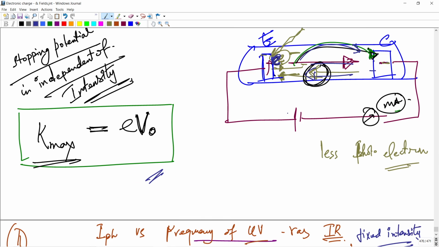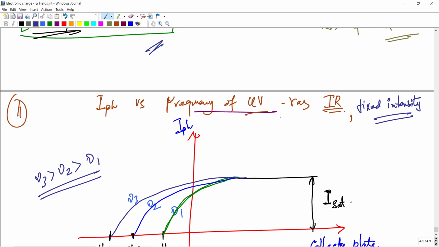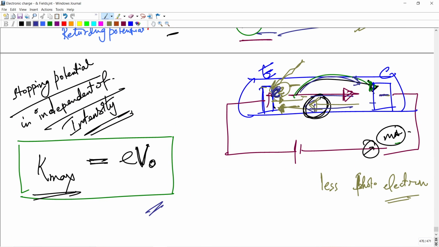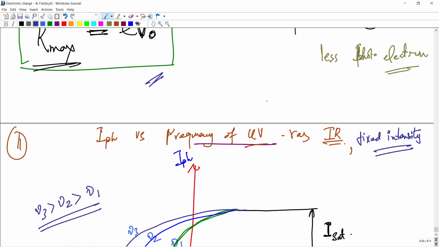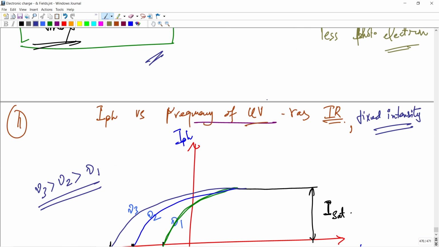More frequency means the photoelectron accepts more energy, and if a photoelectron gets more energy, you need a higher stopping potential to stop it from reaching the collector plate. So the final conclusion is that the energy of the emitted electron depends on the frequency of the incident radiation.